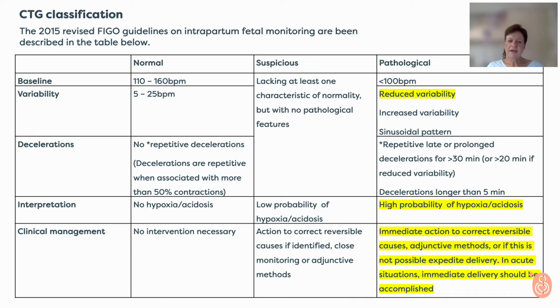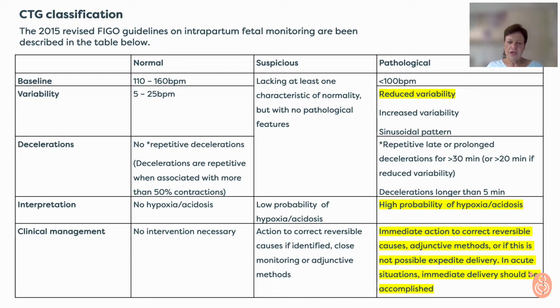So if we look at the FIGO classification and the FIGO guidelines regarding this CTG, and remember we've said the FIGO guidelines divide the characteristics of the CTG into normal, suspicious, and pathological.